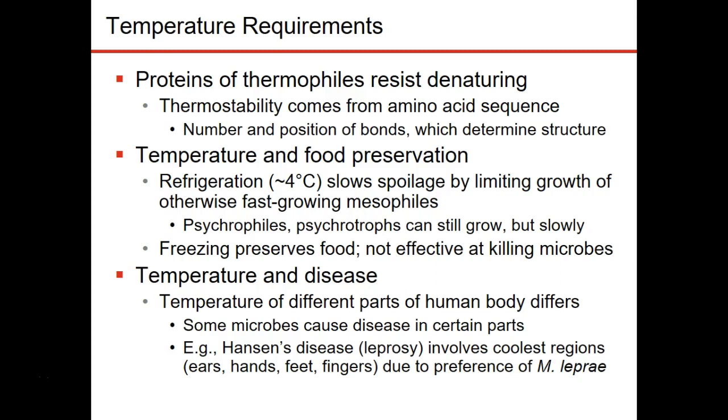Thermophiles then are going to be able to protect themselves because they have proteins that help maintain the integrity of their cell structure. A lot of times we use temperature to protect us from spoilage.